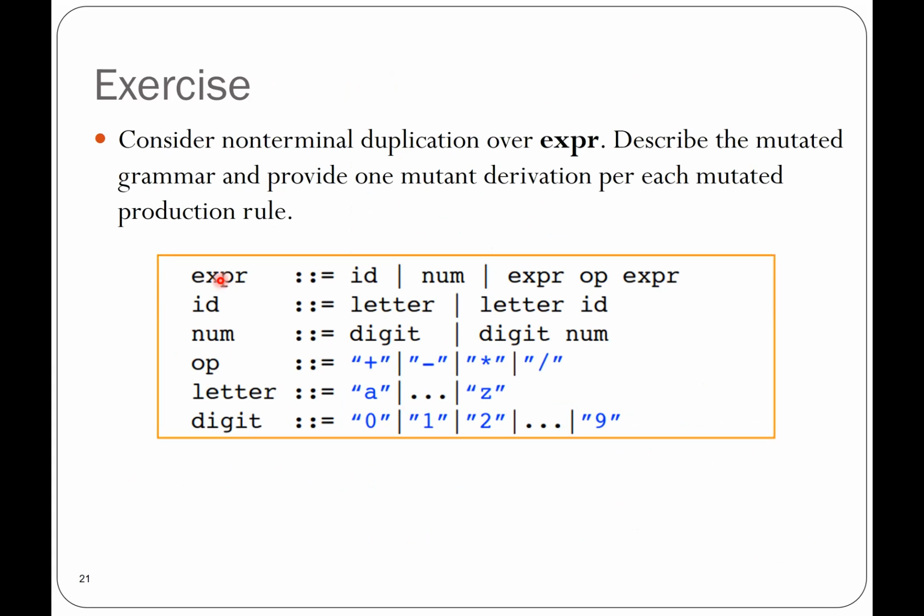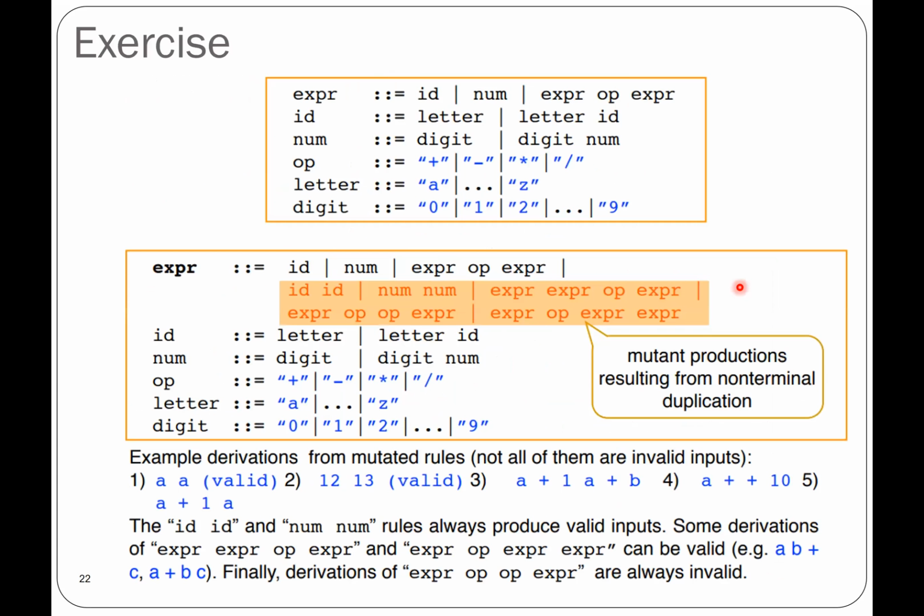Over this line over here, the expression. Okay, let's take a look at some of these examples. Okay, so here I'm going to take ID, I'm going to duplicate it, ID, num, duplicate it, num, expression op expression, I can duplicate, say an expression, that's a duplication, op expression, or expression, op expression, or expression, op expression.